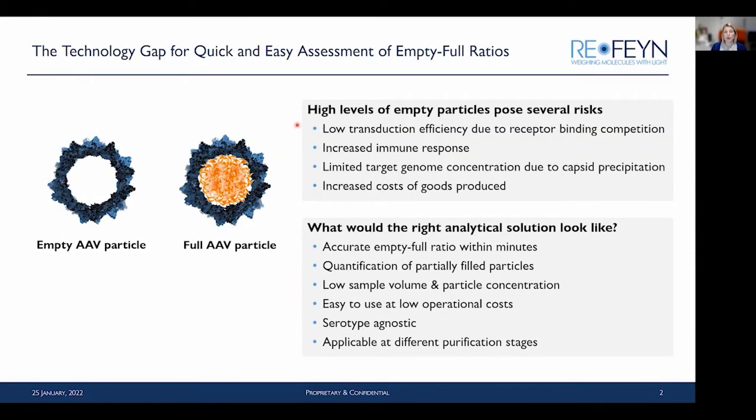It should use a low sample volume and particle concentration so that it can be used early in the process with little virus around. It should be easy to use at low operational cost, agnostic to different serotypes, and also applicable at different purification stages throughout the process. And we think that mass photometry could be a solution to this problem.